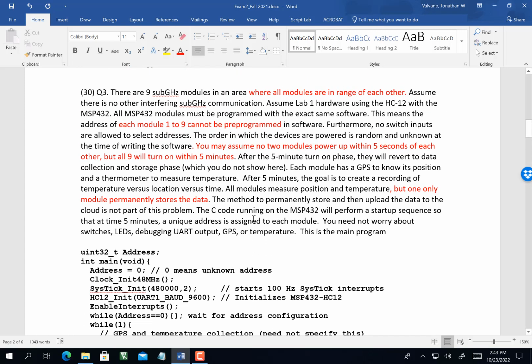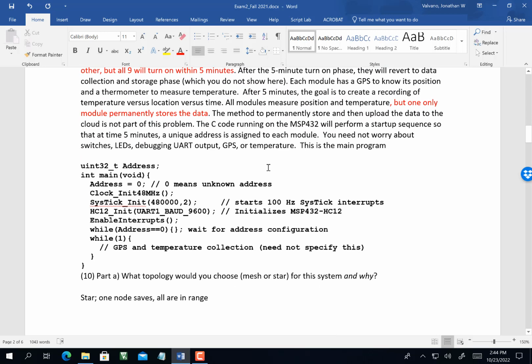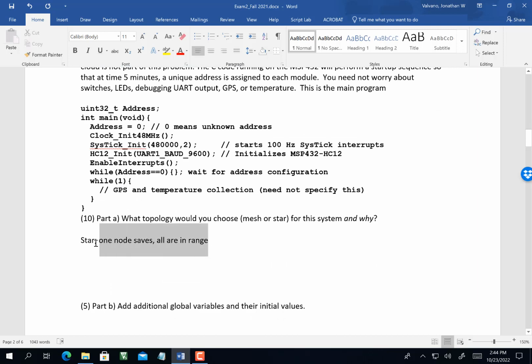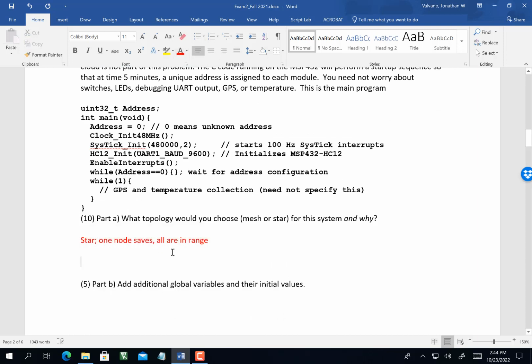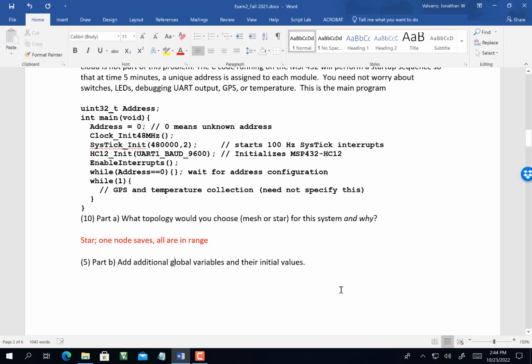Now, it doesn't really say you had to use the first one to be the master, but that's what I'm going to do. That'll be my strategy here, and that is I'll figure out which is the first one. Okay, and so what I'm going to need is some global variables like its address.